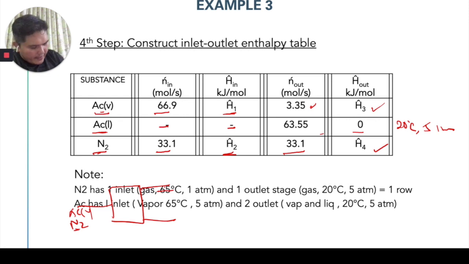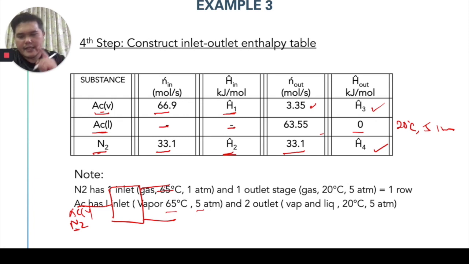Acetone has one inlet, which comes as vapor at 65 degrees Celsius and 5 atm, but it has two outlets. One goes as vapor, another goes as liquid. So we have to pick one stream as our reference state for acetone. Now we pick the acetone liquid in the bottom stream at 20 degrees Celsius and 5 atm as our reference state. That is why we reset the value of enthalpy here as 0.